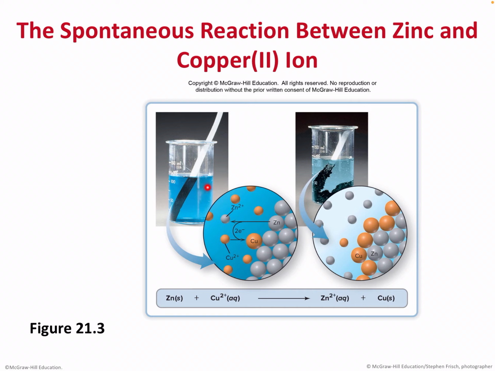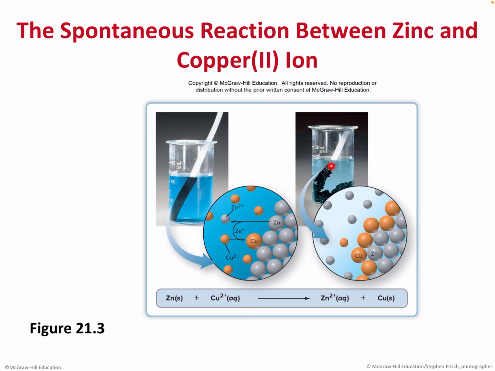This is dark blue and this is lighter. This is copper nitrate. As the copper ions are lost from the solution, the color of the copper nitrate becomes lessened or reduced. So visually you can see that the zinc metal is being oxidized.